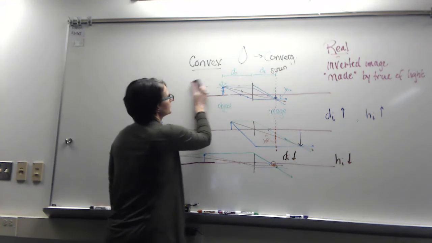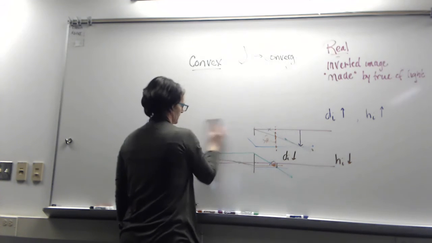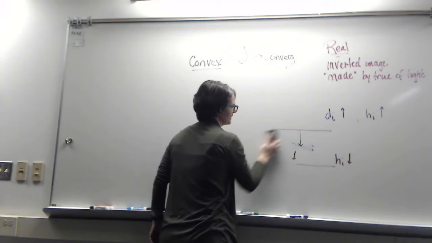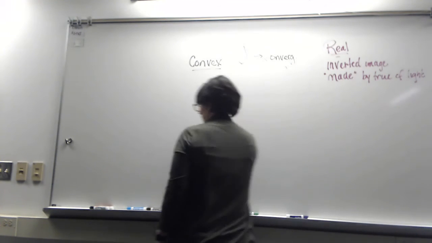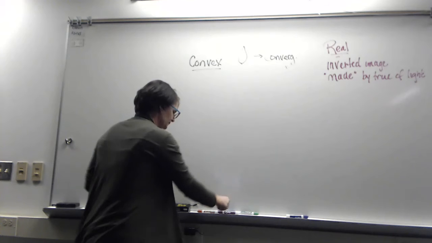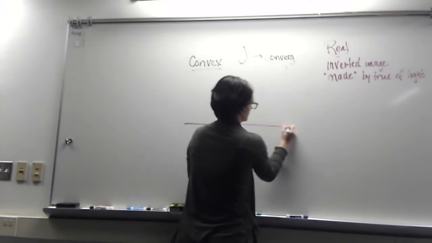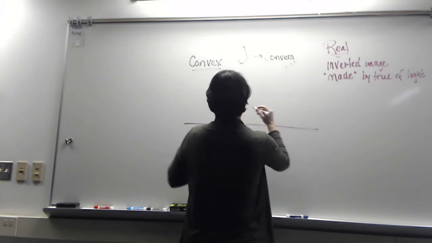So I'm going to erase this, and I'm going to introduce what happens if we put the object really close to the lens. So here's my optical axis. Put my lens up there.